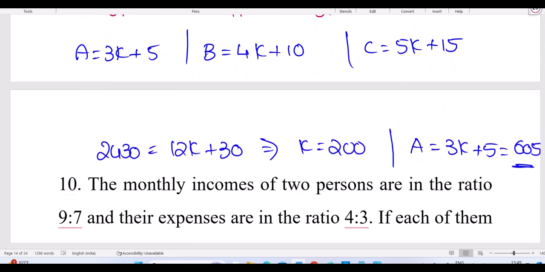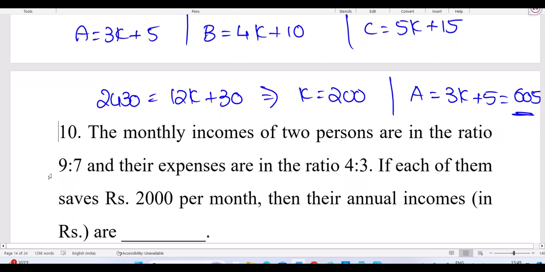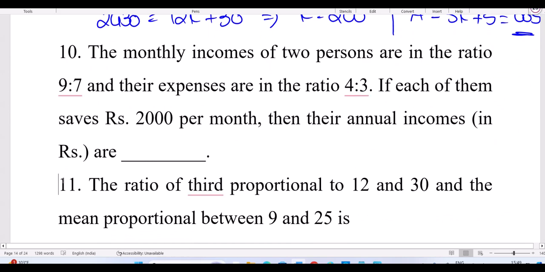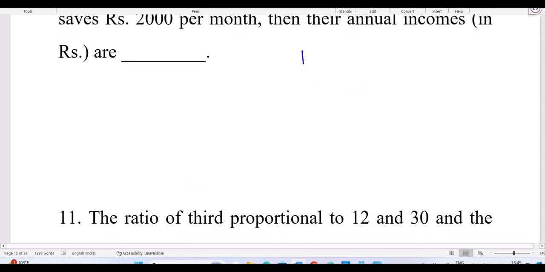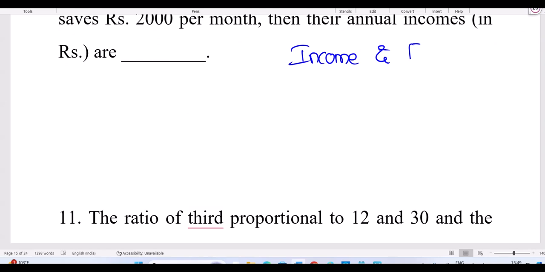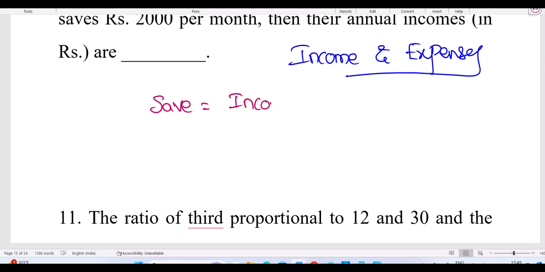In any textbook related to this topic, this is definitely income and expenses related stuff. The only point you need to know before starting this question is that savings is equal to income minus expenses. This is the only point required.